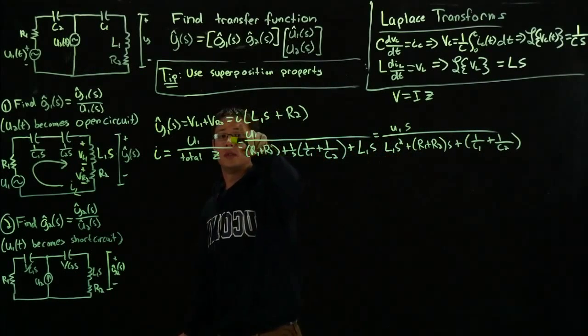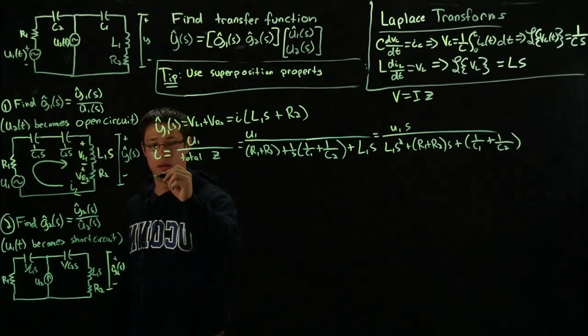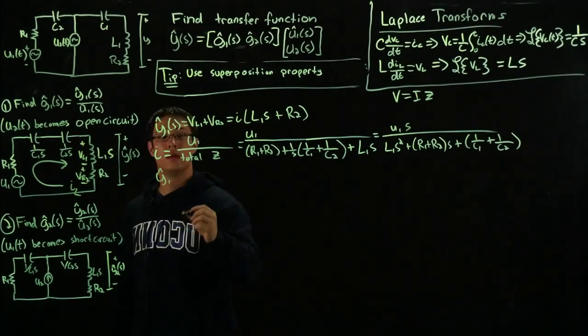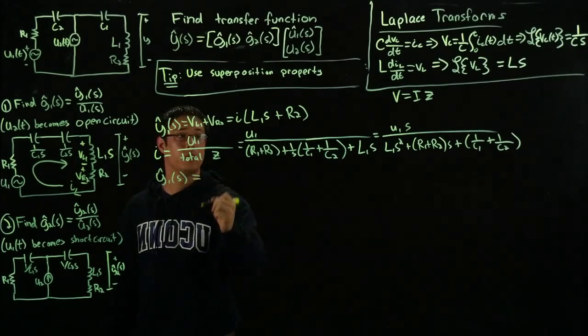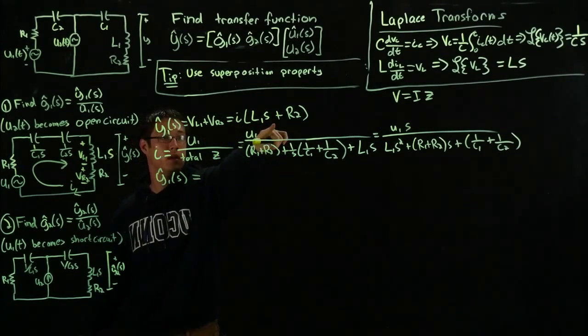Now, if we substitute this into here, we get y1 hat of s is equal to I times this quantity.